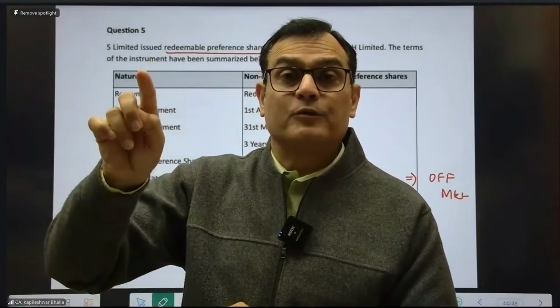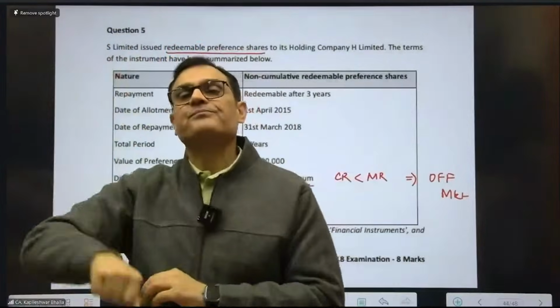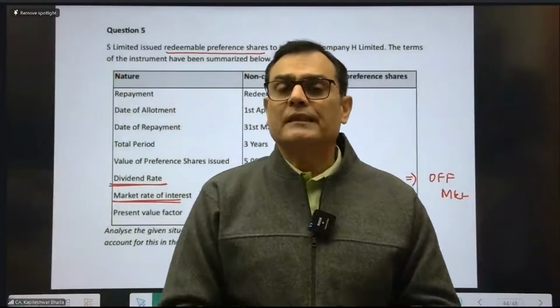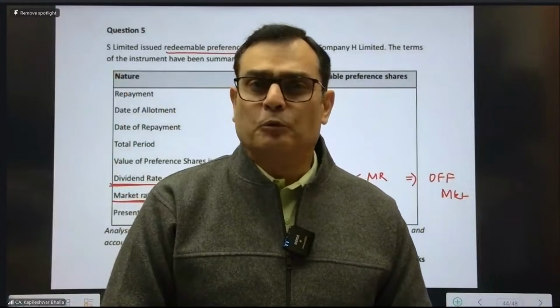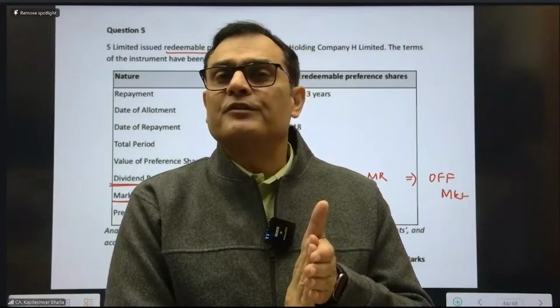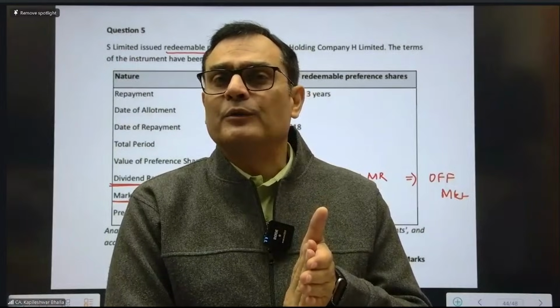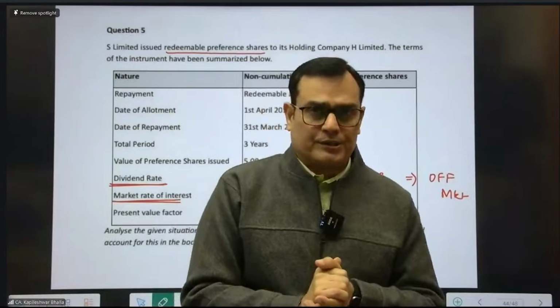When the contracted rate is less as compared to the market rate. You go to step number 2. In step number 2, you need to see whether the data is picked up from observable inputs. If it is picked up from observable inputs, then the difference in transaction price and fair value is taken to the P&L immediately. It's called a day 1 gain or loss.